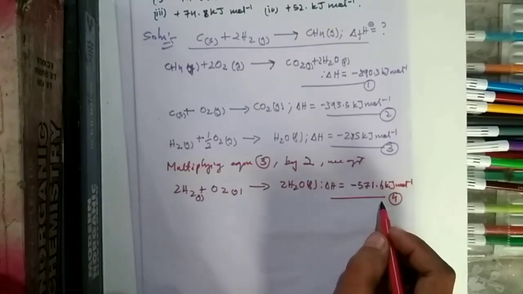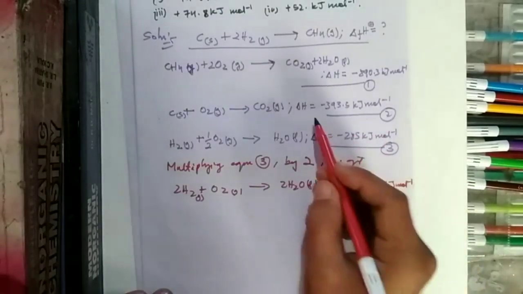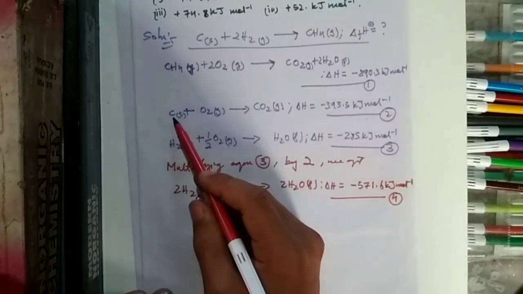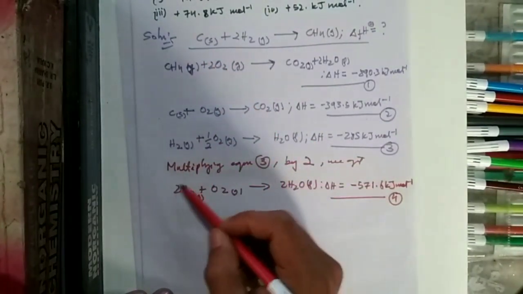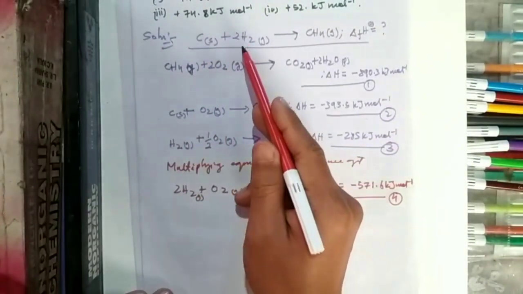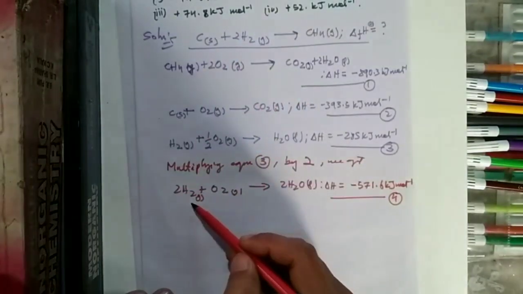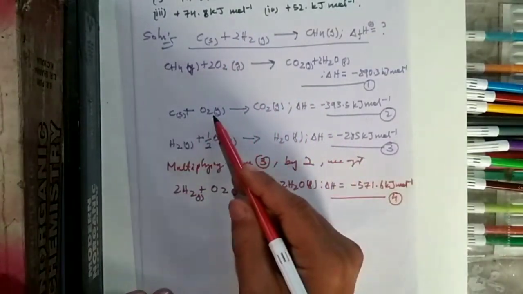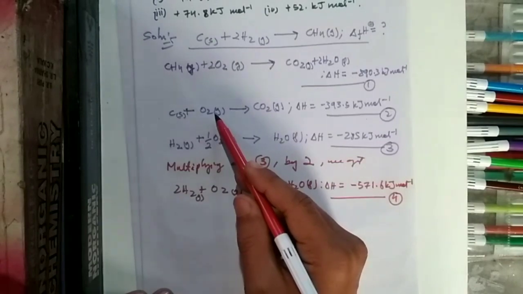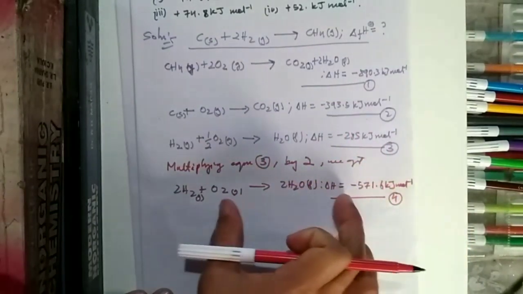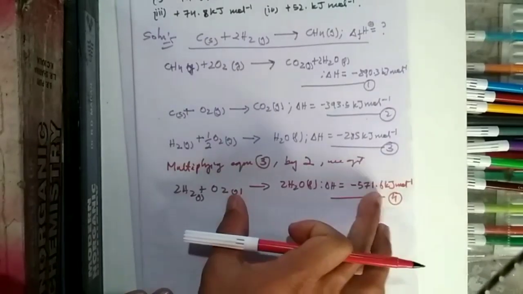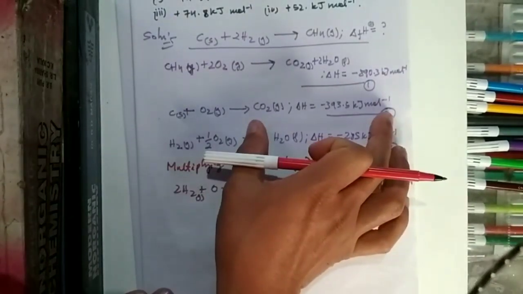Now let's check equation 2. Carbon is present, and the 2 moles of hydrogen are there, and oxygen is there. So we are going to combine equation 4 and equation 2.